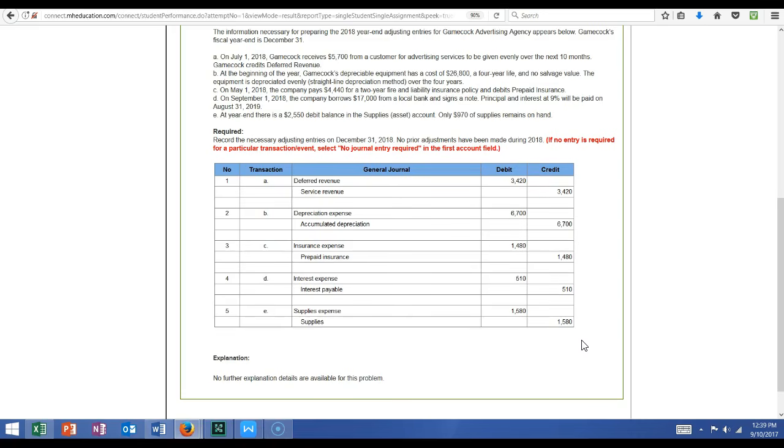Now, the last one says at year end there is a $2,550 debit balance in the supplies account, but only $970 of supplies remain on hand. So $2,550 is what it shows, but when someone takes a physical count, it's only $970.